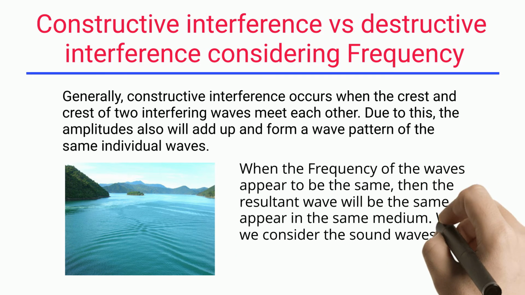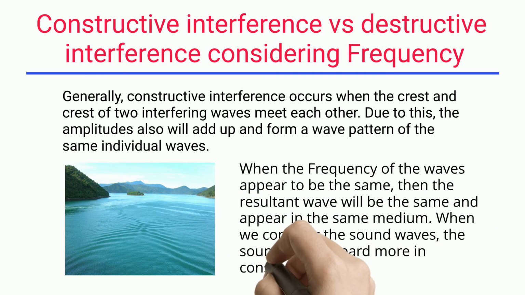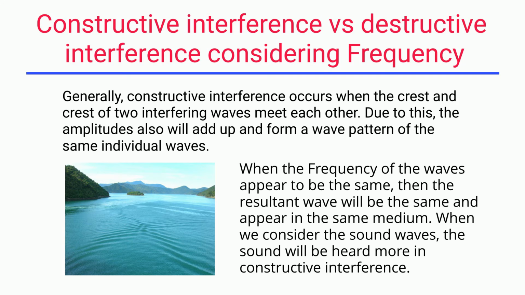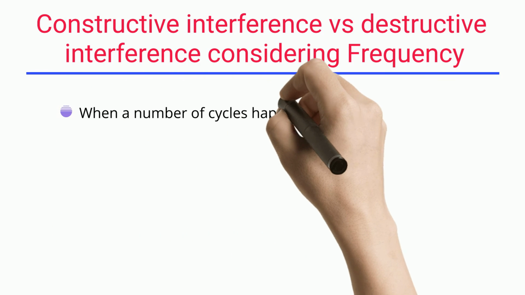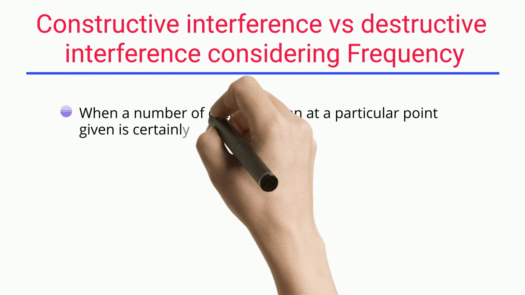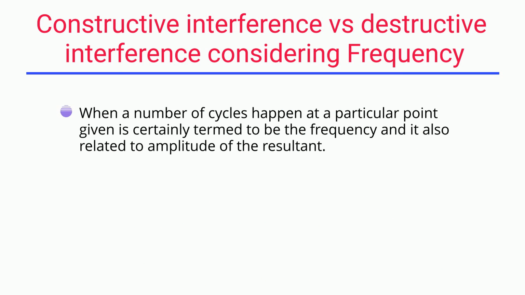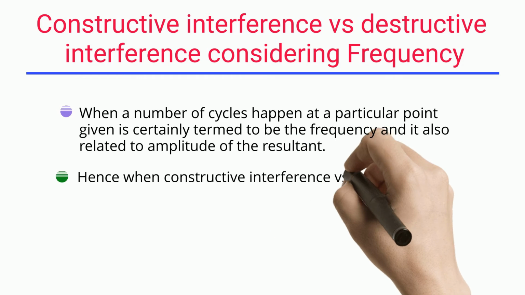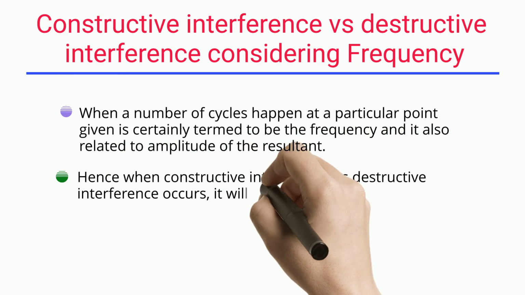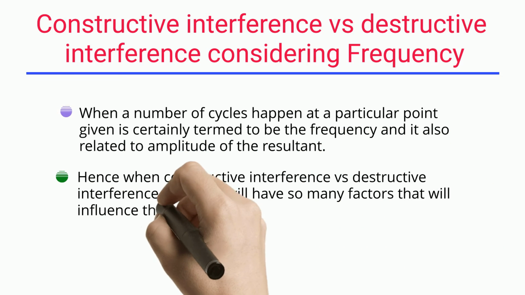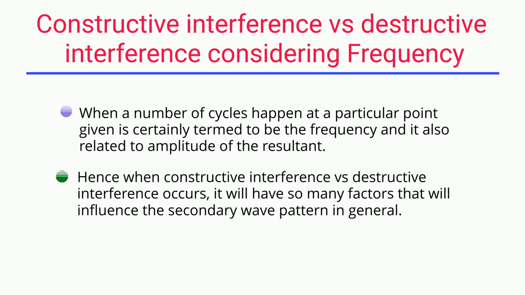When we consider sound waves, the sound will be heard more in constructive interference. The number of cycles that happen at a particular point is termed the frequency, and it is also related to the amplitude of the resultant. Hence, when constructive or destructive interference occurs, there are many factors that will influence the secondary wave pattern in general.